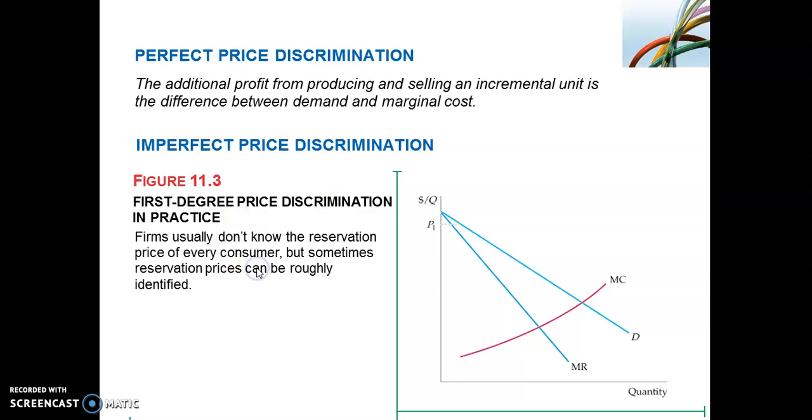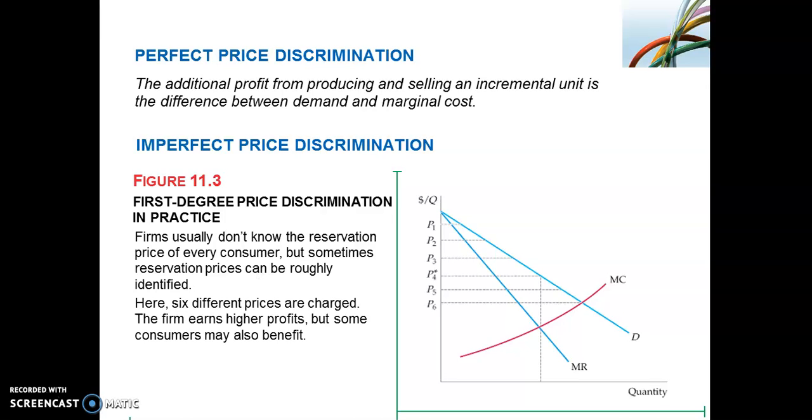Now, figure 11.3 is going to demonstrate this. Here we have, again, 6 different prices, the lowest price being P6, and that is where the marginal cost and demand curve intersect. If a single price were to be charged, that would be P star at price P4 over there. You can see at a single price, that's where marginal revenue and marginal cost intersect.